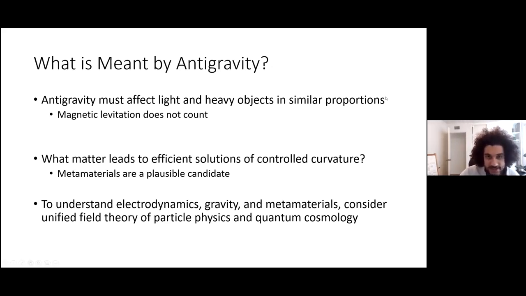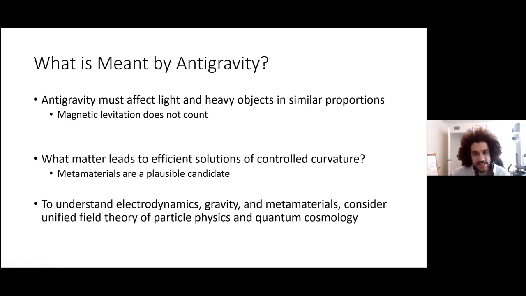So we need to understand what types of matter lead to efficient solutions such that we can control the curvature of space-time itself to get these effects that we want. And metamaterials are probably the best candidate, because metamaterials is just a blanket term for exotic materials that have bizarre properties.